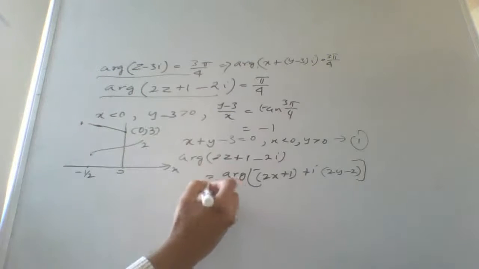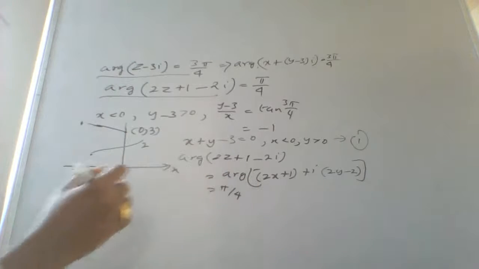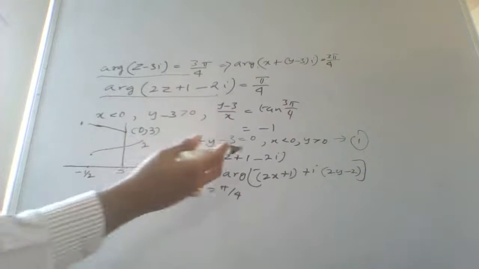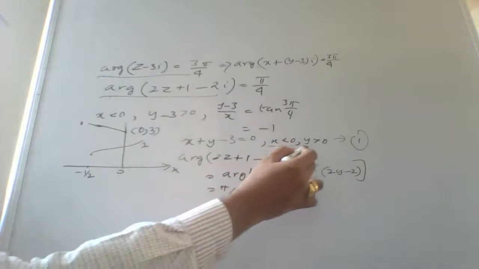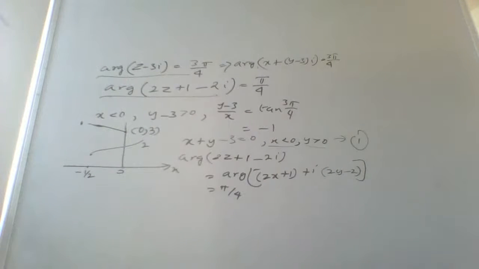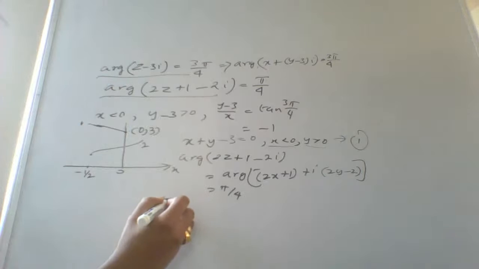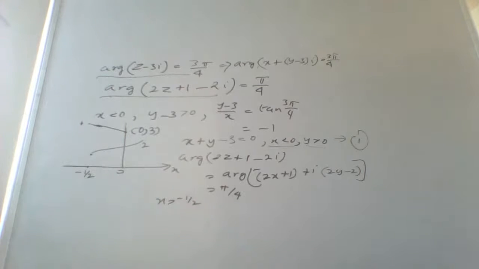Now this is pi by 4. Okay. From the first relation, I got these two, x as less than 0 and y as greater than 0. Now here x is greater than minus half. Okay.